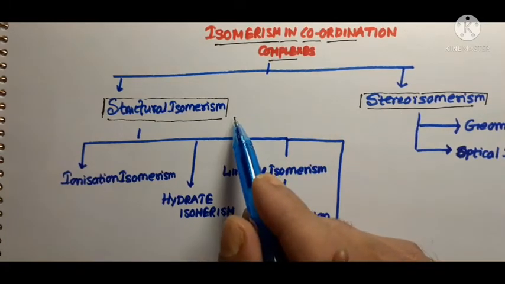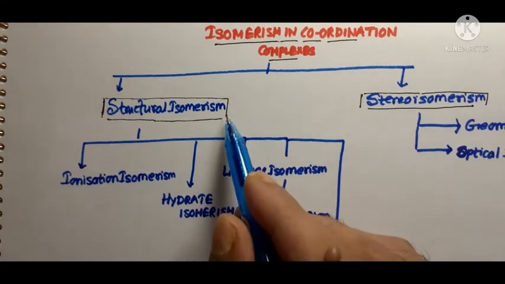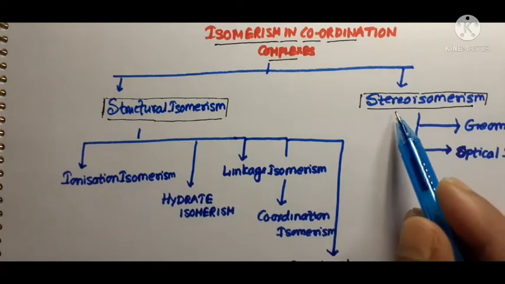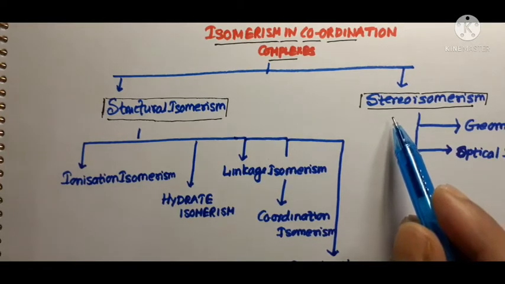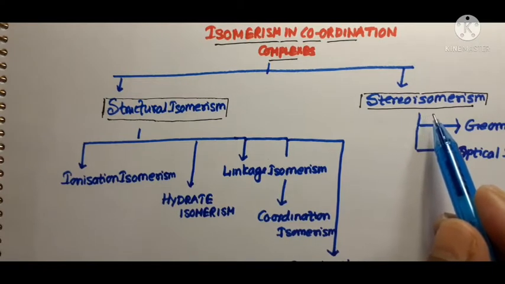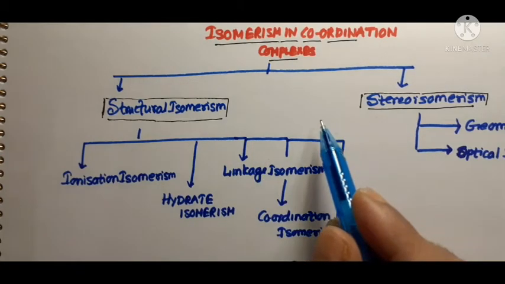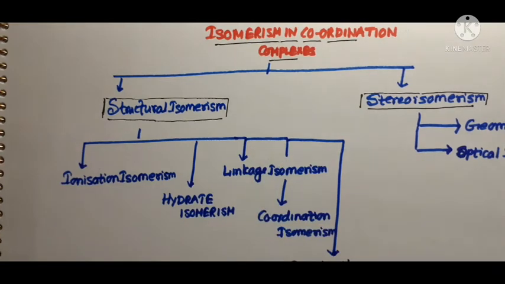Structural isomers have the same molecular formula but the structural arrangement of the ligands is different, and stereoisomerism occurs due to different spatial arrangement of the atoms or groups around the central metal atom or ion. In both structural isomerism and stereoisomerism, there is no change in the coordination number.